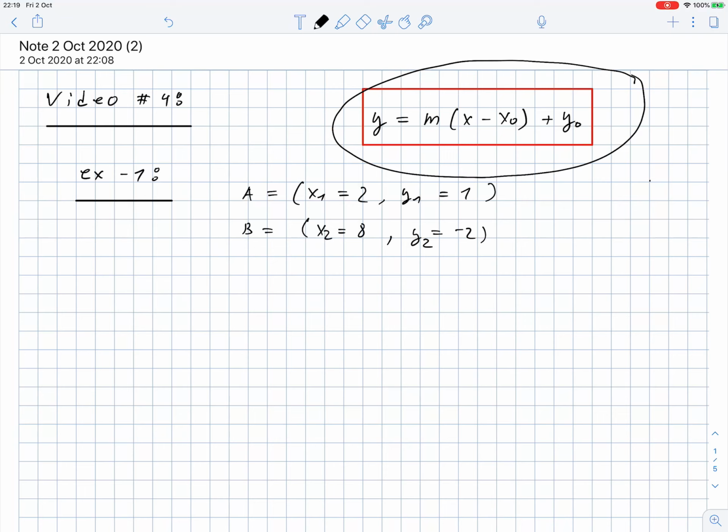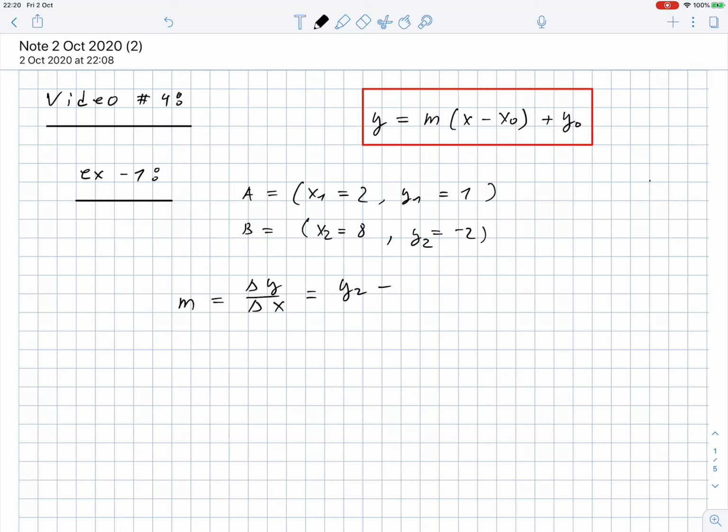The first step, we're going to calculate the slope, which is m equals delta y over delta x, where delta y is y2 minus y1 divided by x2 minus x1.